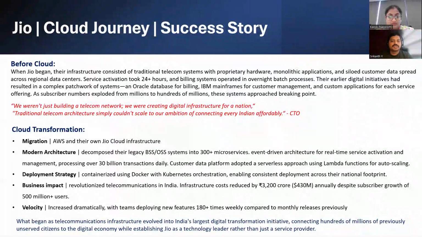Infrastructure cost reduced by almost $430 million, and they now have close to 500 million users. As we saw in the other two case studies, this dramatically increased their teams' velocity. They were able to deploy new features almost 180 times weekly, according to the statistics, compared to their previous monthly releases.